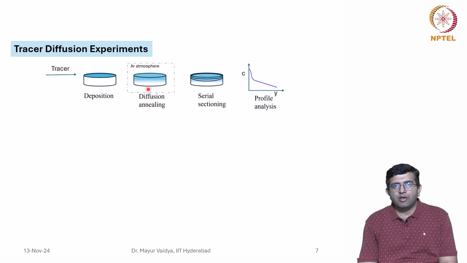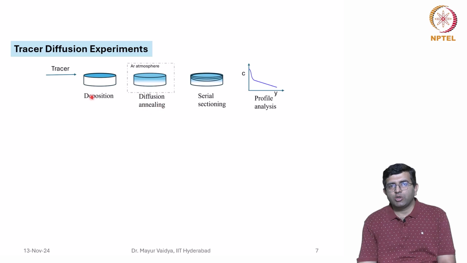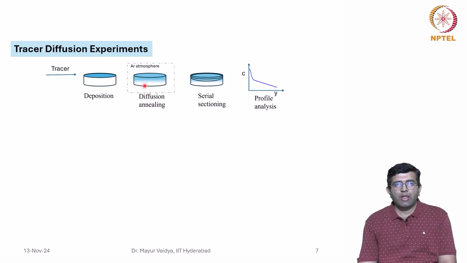Before doing the annealing, you seal the sample in an argon atmosphere in a quartz tube, and then allow the diffusion to occur during the annealing. As a result of annealing, the tracer will spread into your sample.